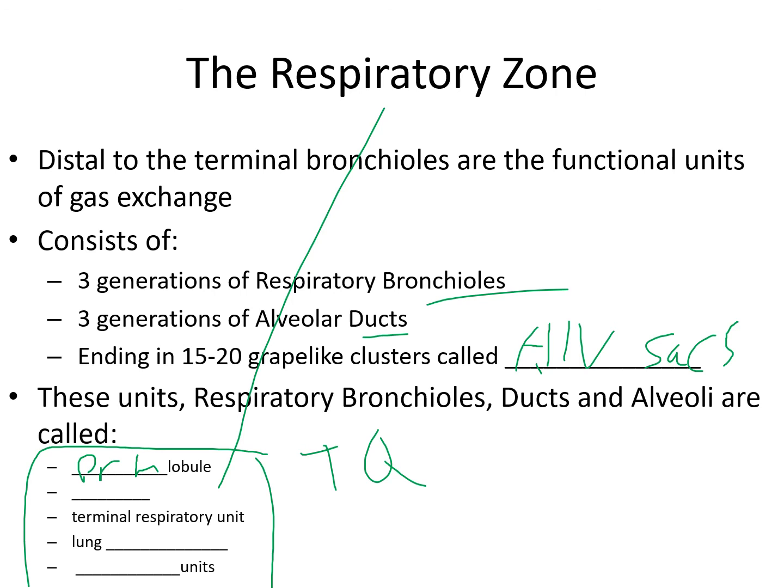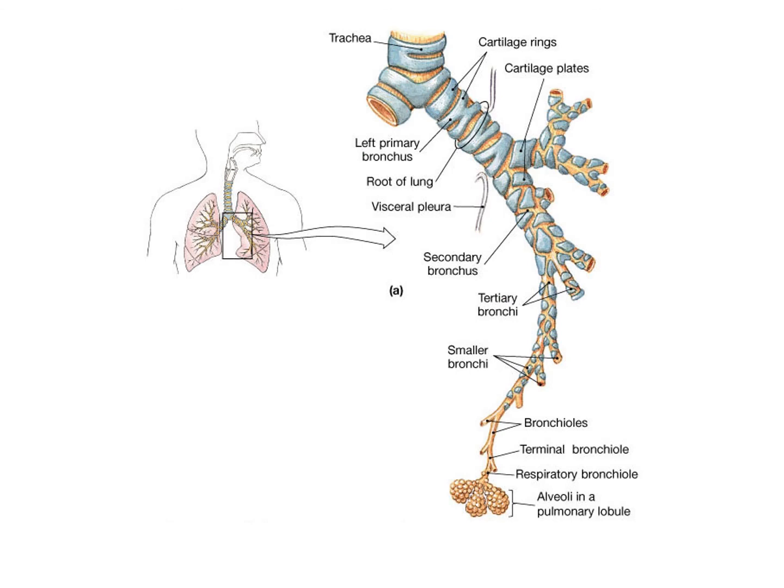Then the last one at the bottom there, the functional units. That's good. I like that description a lot. Not as much as respiratory zone, but the functional units I like a lot, because that tells you where the actual exchange, where external respiration happens. So the functional units.